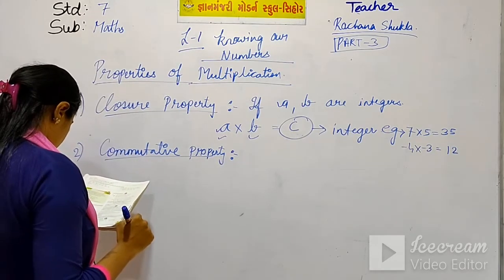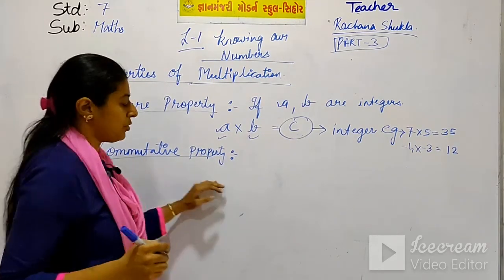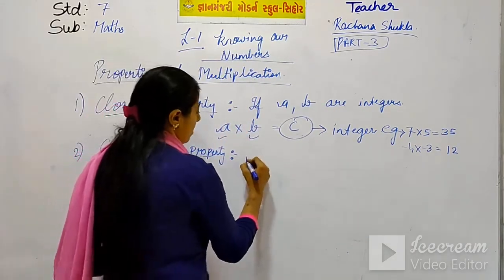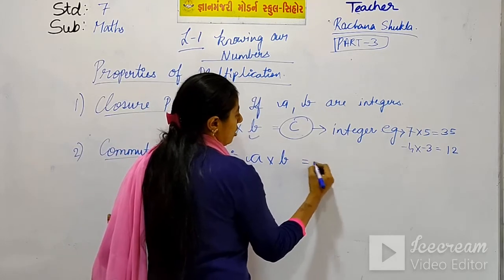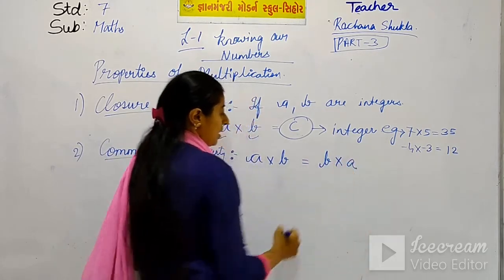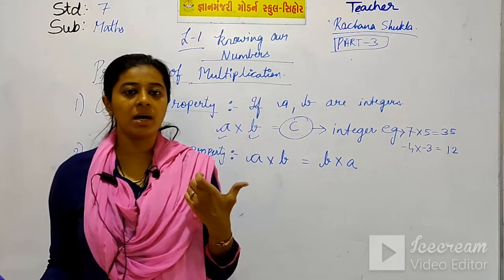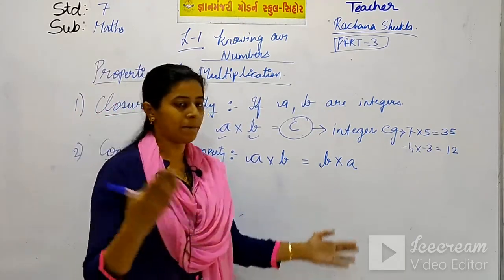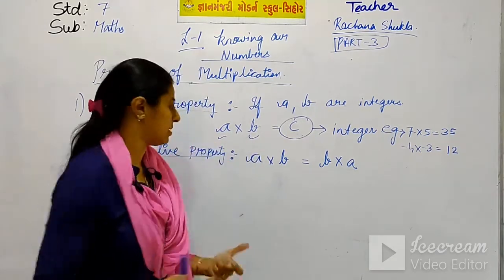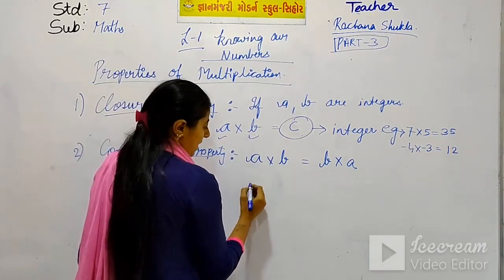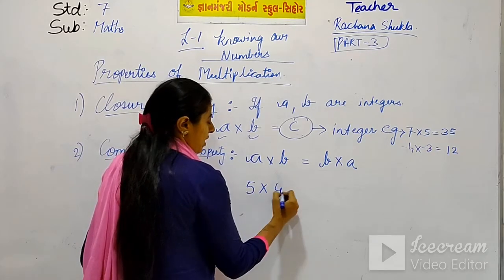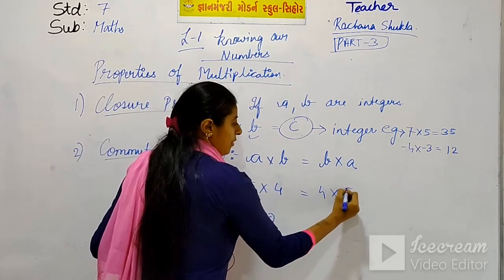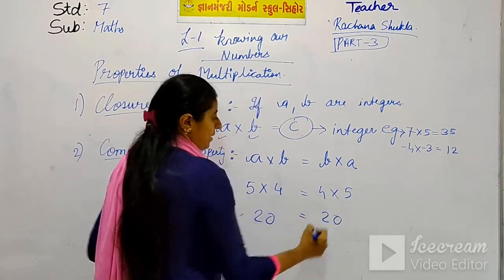Now commutative property. In commutative property, again there are two integers. If you multiply A into B or you multiply B into A, you will get the same answer. Suppose A is 5 and B is 4. 5 into 4, 5 4s are 20, or 4 into 5, 20.